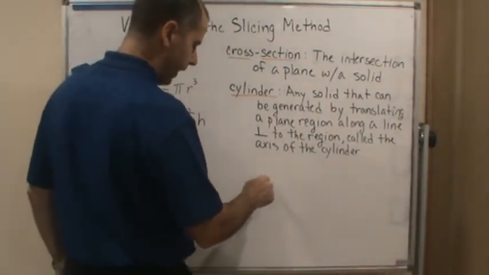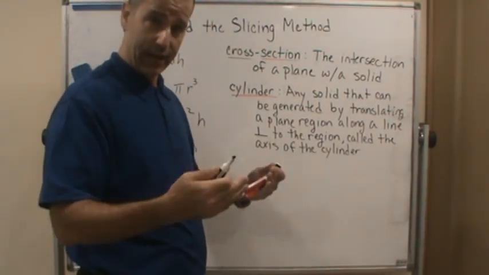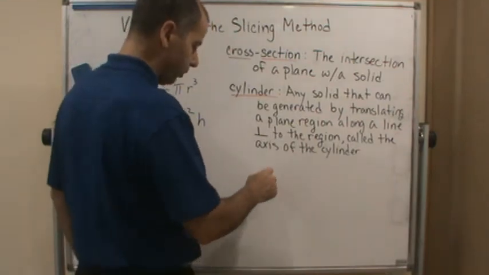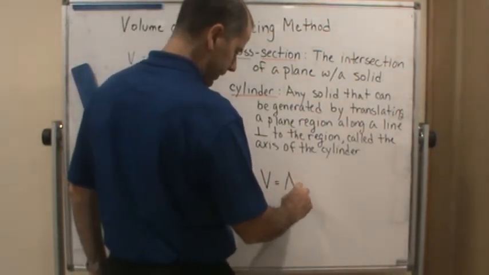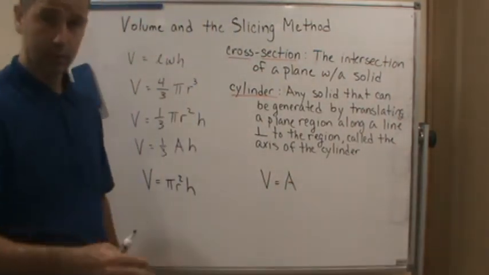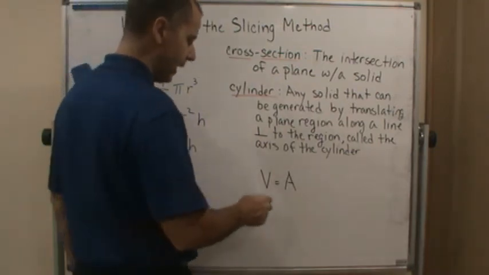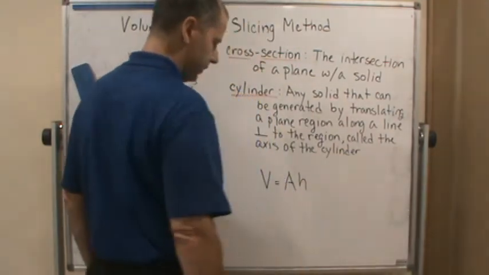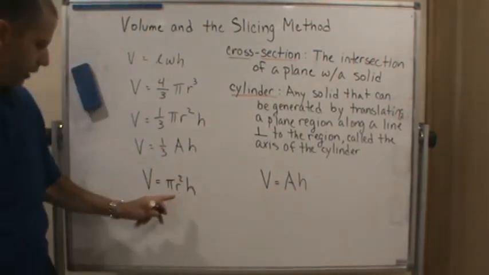We're going to find the area of the base, so each cross-section is going to have an area. The volume is going to be the area of the base, which is what we get from the cross-section, times the height of the solid.